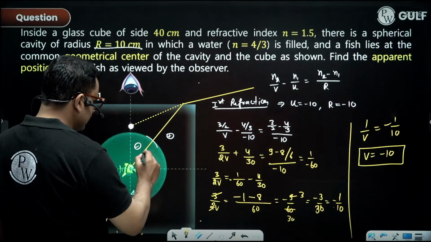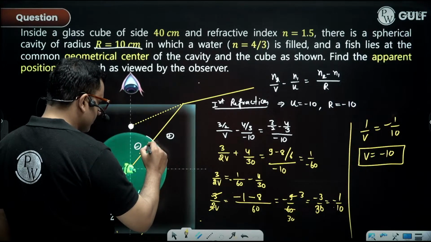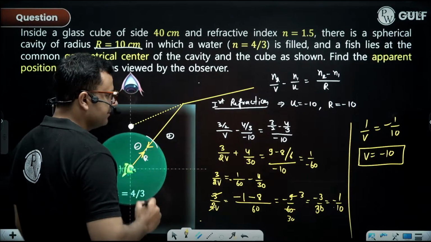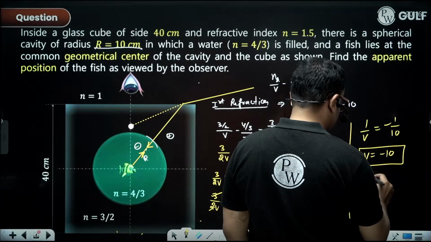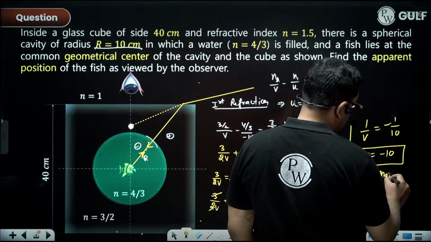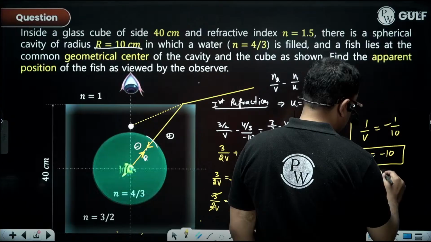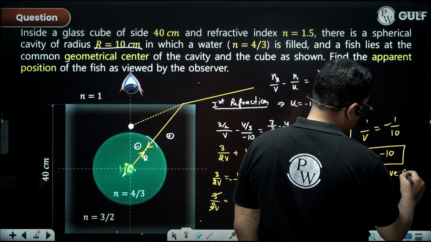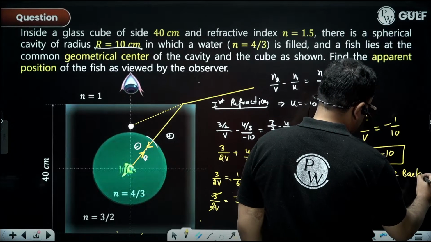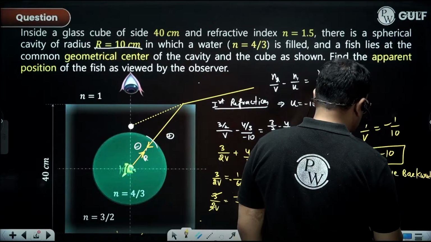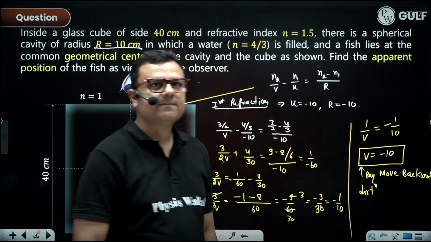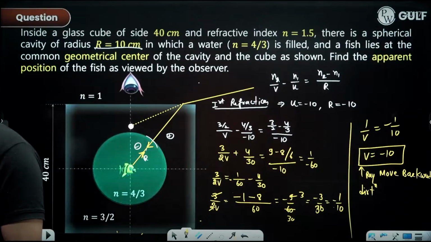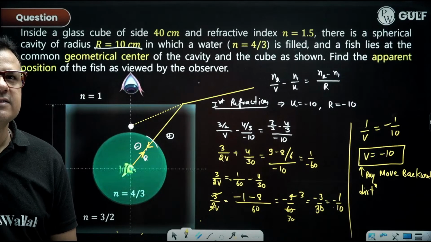The ray goes like this and then again the ray moves in the backward direction. Got it or not?